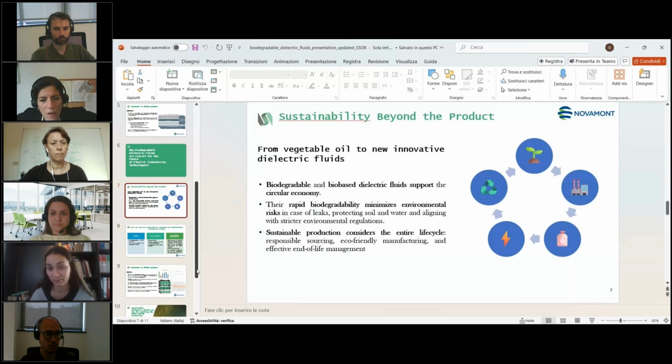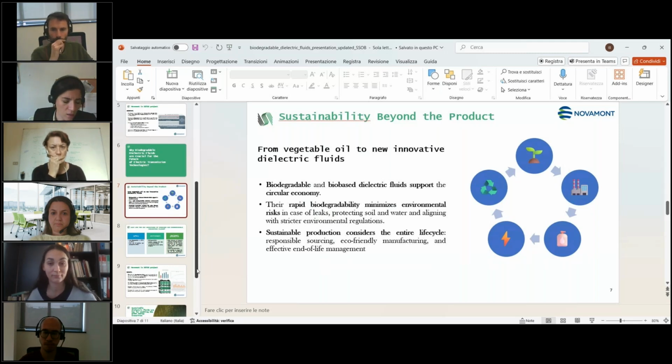So these fluids, when compared to mineral oil-based fluid, can ensure two properties. The first one is the rapid biodegradability that minimizes the environmental impact in case of accidental spillage.